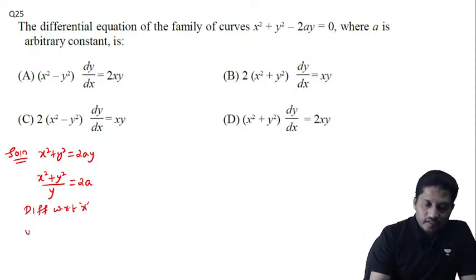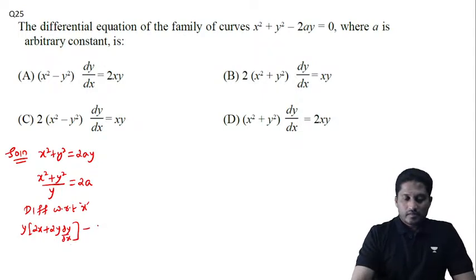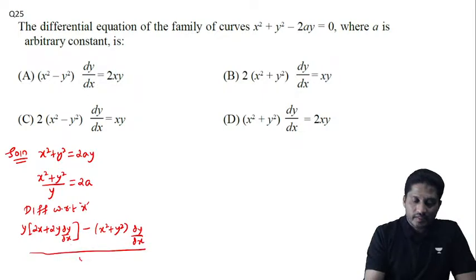This is v into u dash, 2x plus 2y into dy by dx, minus u into v dash, minus x square plus y square into v dash, which is dy by dx, divided by v square, that is y square, and 2a is a constant which is 0.